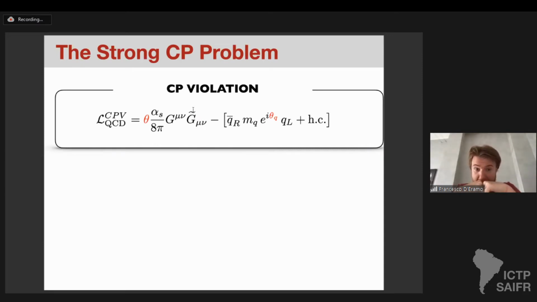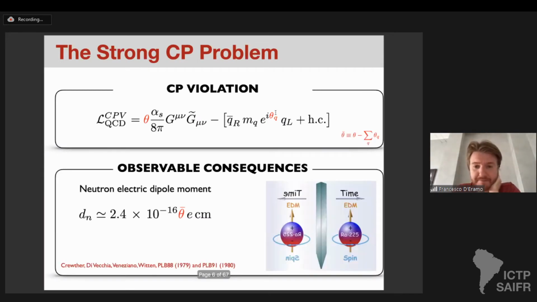And there is also another term, the quark mass term, where I give an overall phase to the quark mass matrix. If you take this e to the i theta q equal to 1, you recover the Lagrangian of the previous case.